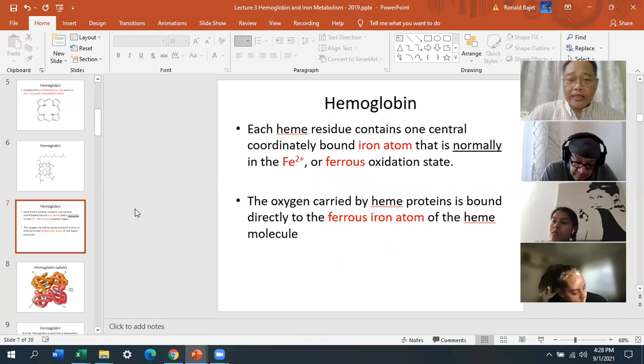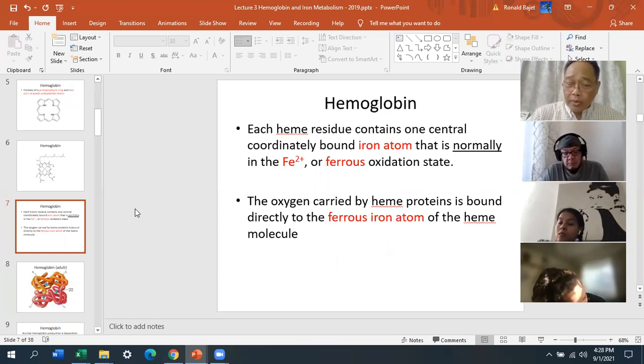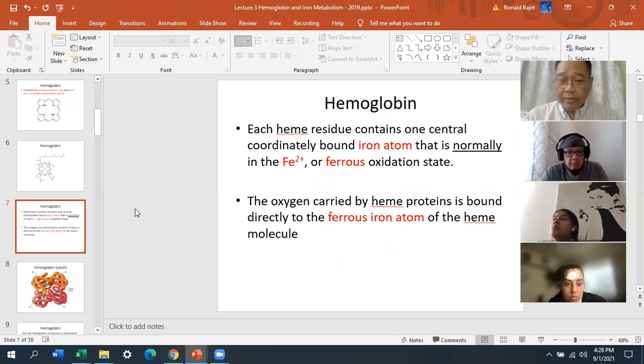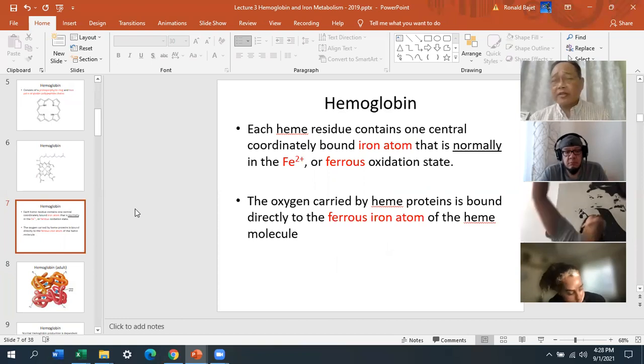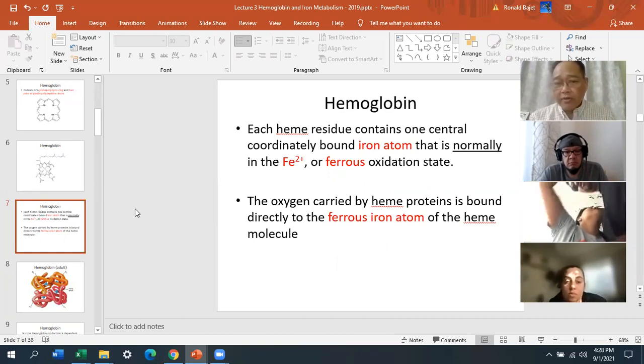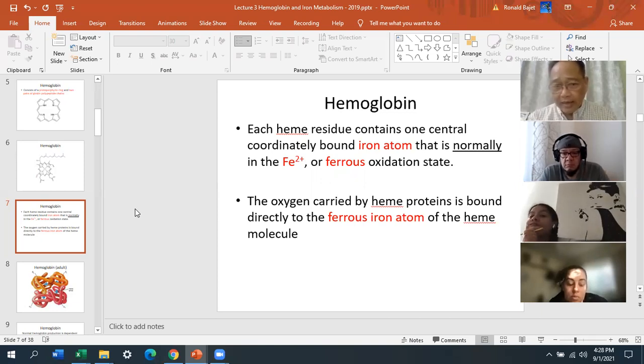Each heme residue contains one central coordinated bound iron atom that is normally in the Fe2+, or ferrous, state. Oxygen is carried by the heme proteins bound to the ferrous iron atom. If it's not ferrous, the other form of iron is Fe3+, and that's the ferric state.